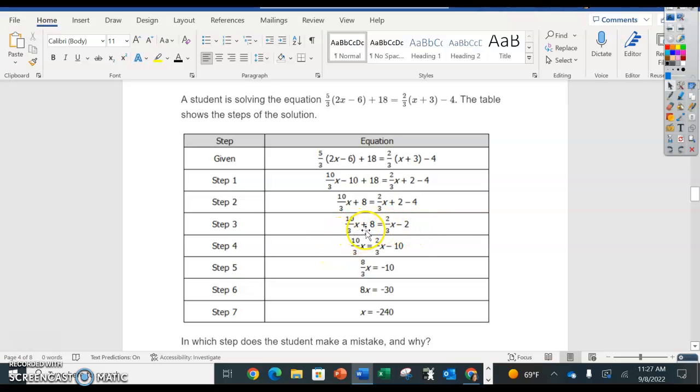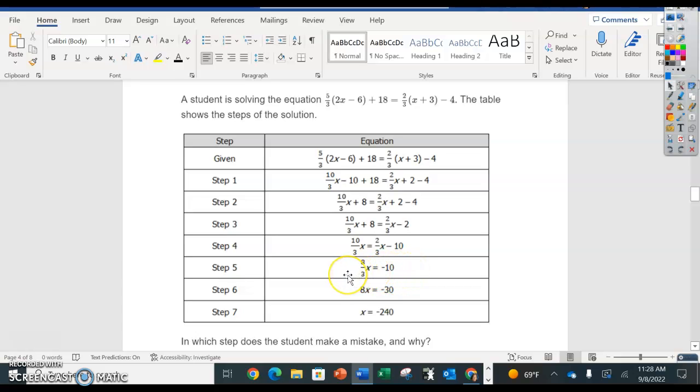All right, from here, +8, they subtracted 8 from both sides, which made this -10. So again, this still looks correct. Now they're going to subtract 2/3 x from both sides. So if you subtract 2/3 x from both sides, 10 minus 2 is 8. So 8/3 x equals -10.